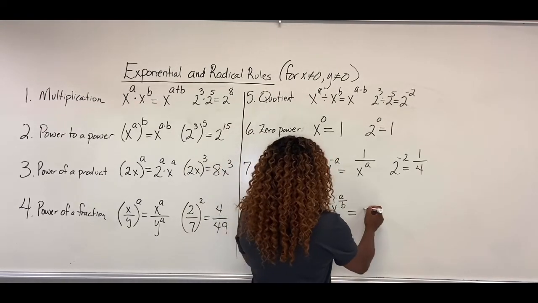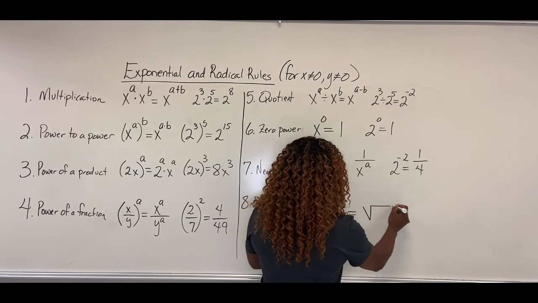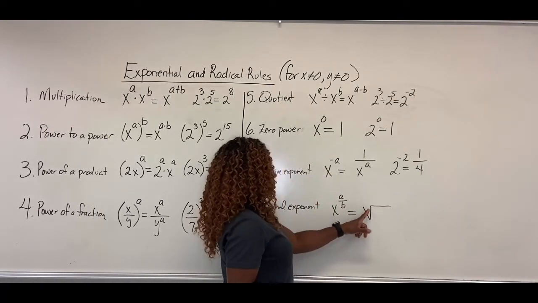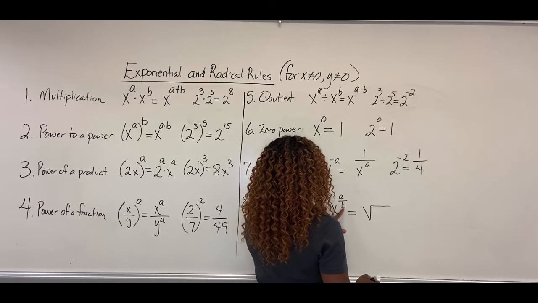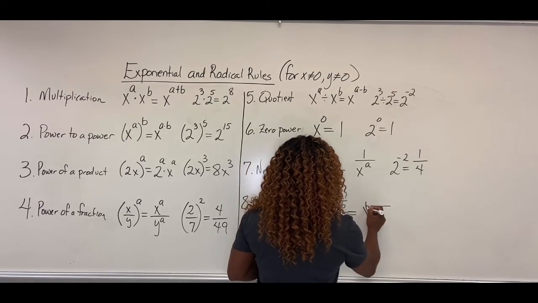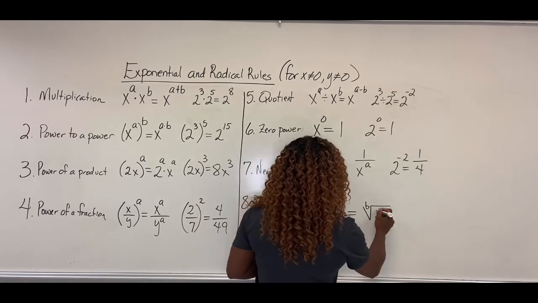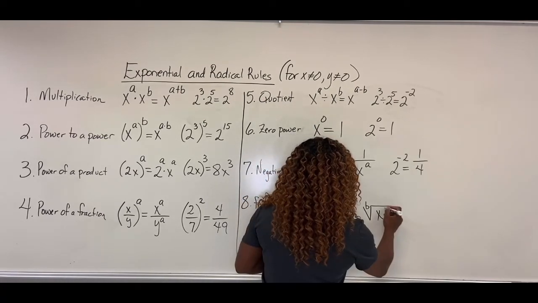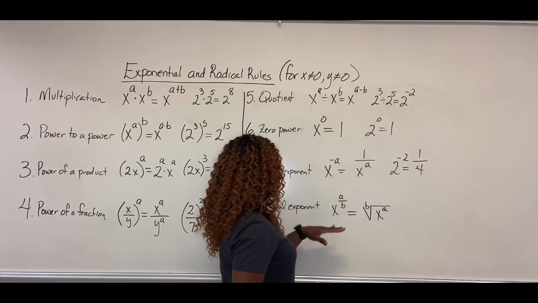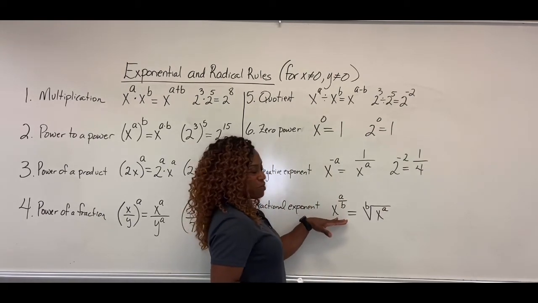If you recall, when we did radical work in Algebra 1, this is the index. So when we rewrite this, the denominator becomes the index, and then the radicand is the base to the a power. So this is how you rewrite a fractional exponent.